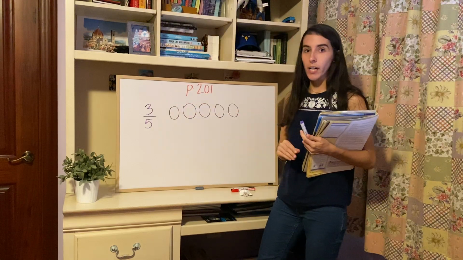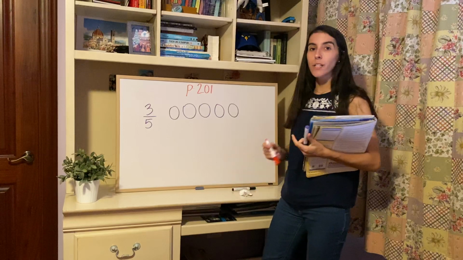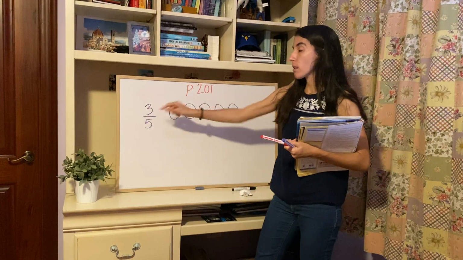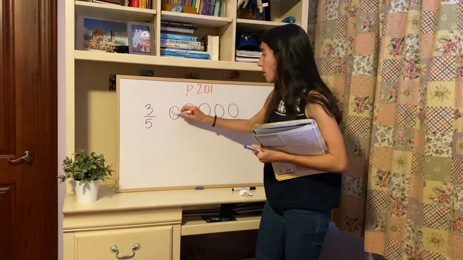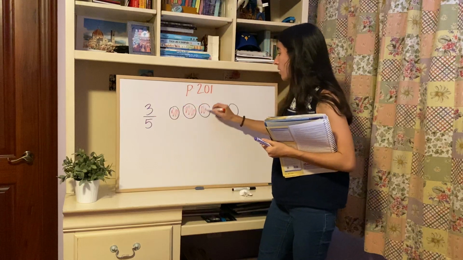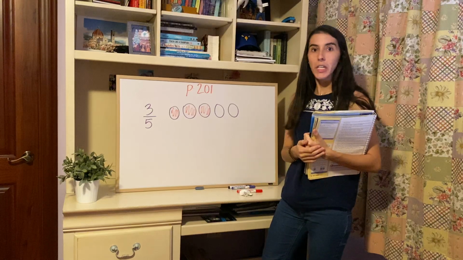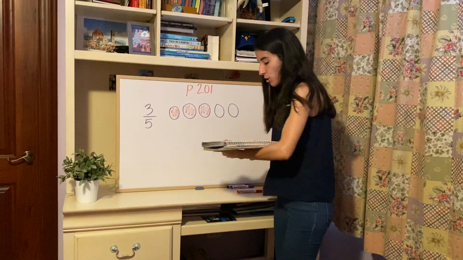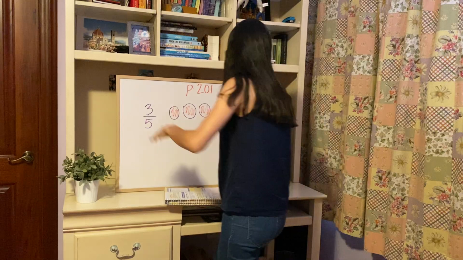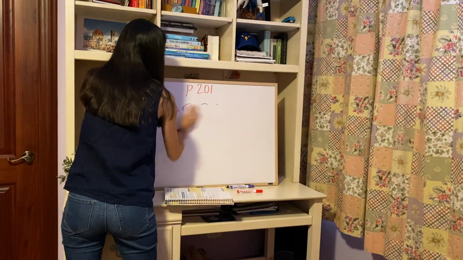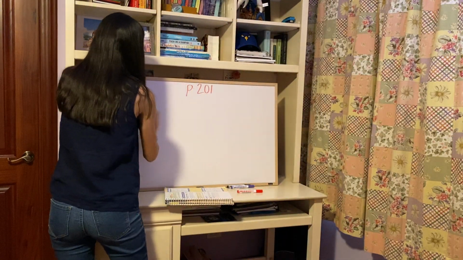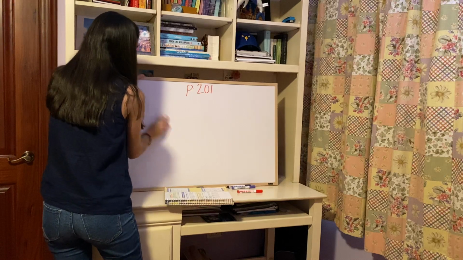And the numerator is telling me how many I need to shade in. So it says 3. So I'm going to go ahead and shade in 3. 1, 2, 3. Okay. Easy peasy. Now number 2 is also easy peasy. I am going to let you figure that one out on your own.